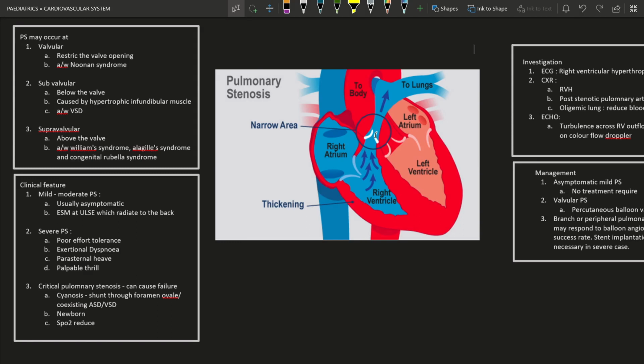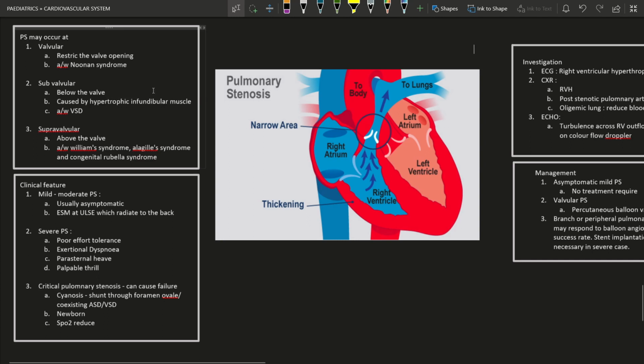In valvular pulmonary stenosis, the opening of the valve is restricted, so it only allows some of the blood to enter the pulmonary circulation. Stenosis at the valve is usually associated with Noonan syndrome.